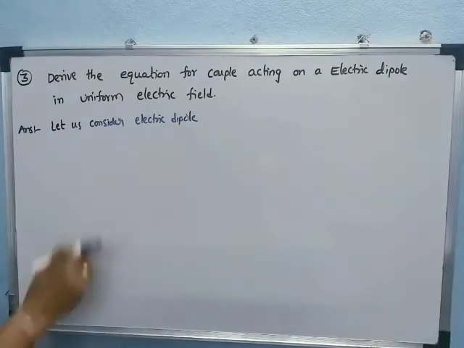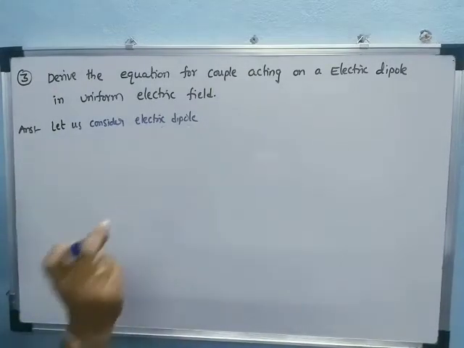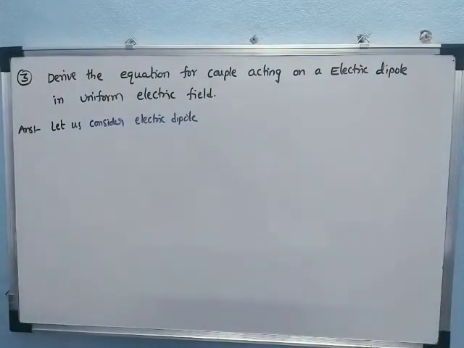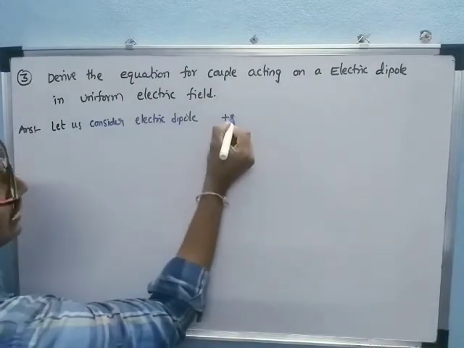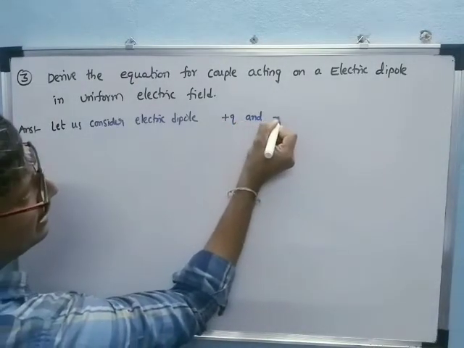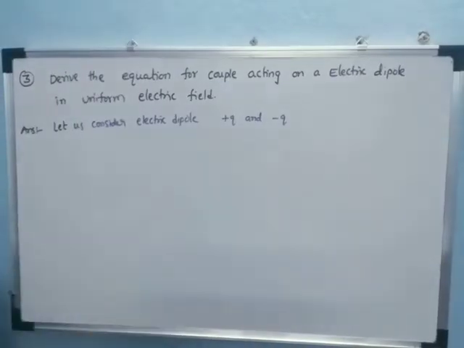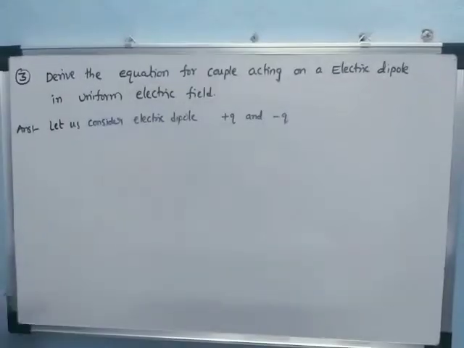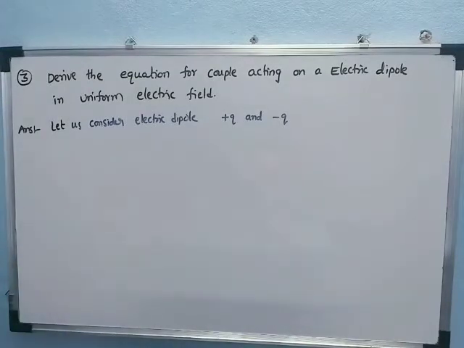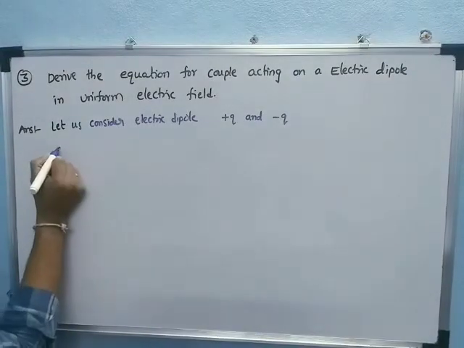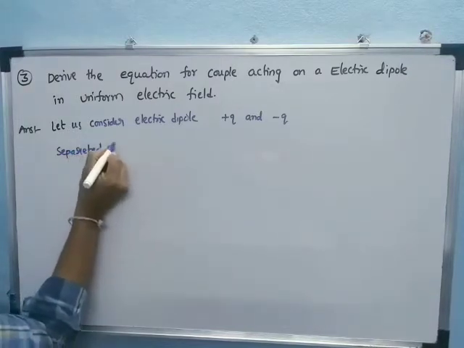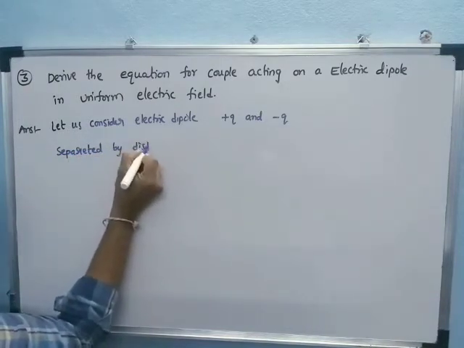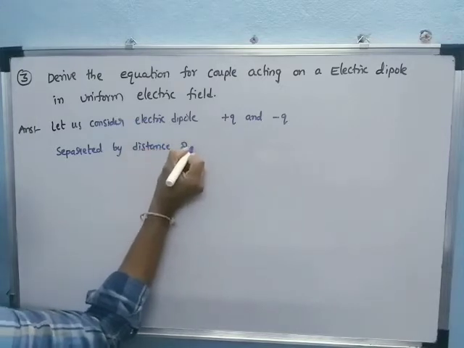See, dipole is nothing but two charges. One is a positive charge and another one is a negative charge, and these two charges are separated by a distance 2a.